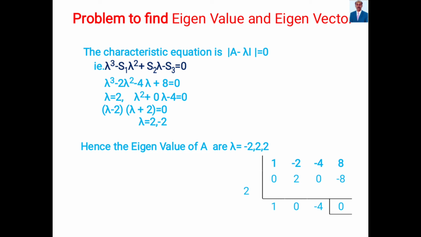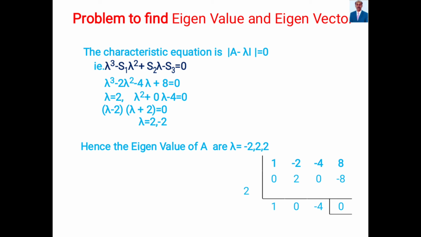So what is the remaining value? 1 0 minus 4. So we can write lambda minus 2 into lambda square plus 0 lambda minus 4 equal to 0. Now from these terms, lambda is equal to 2 and the other factor lambda square plus 0 lambda minus 4 equal to 0.